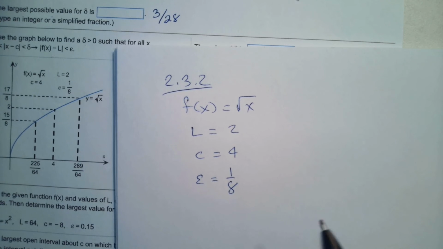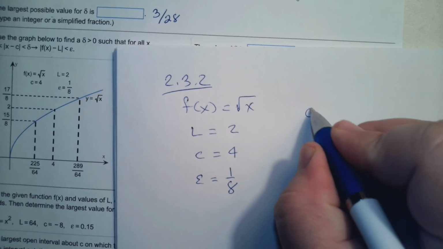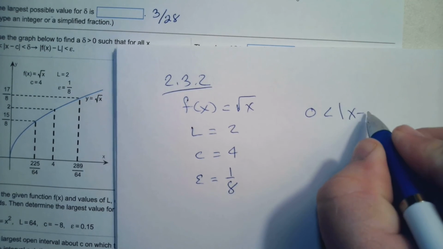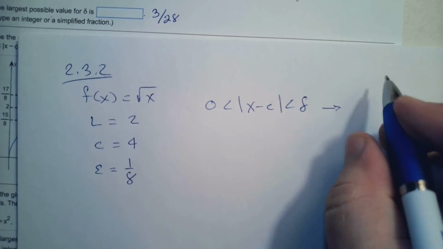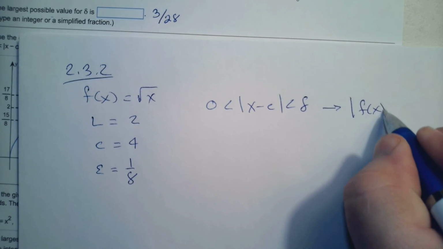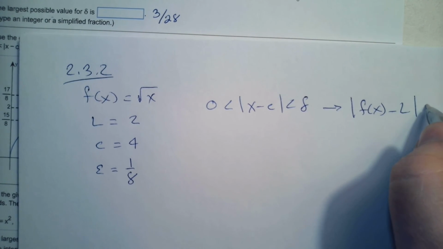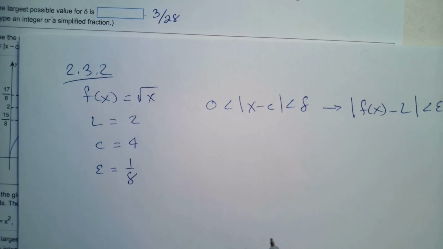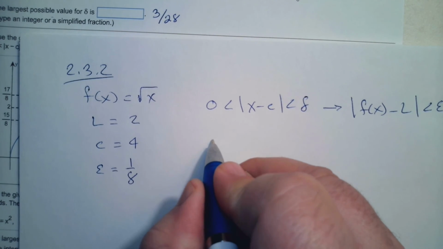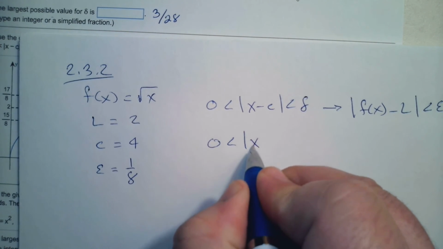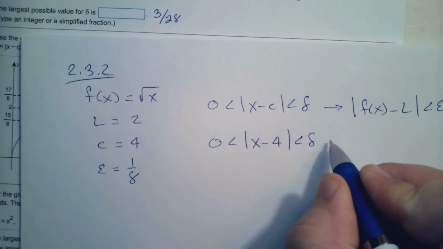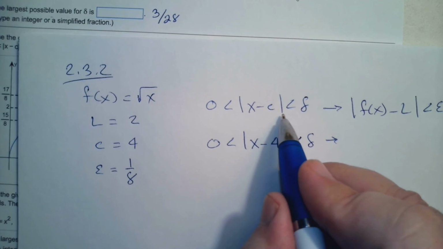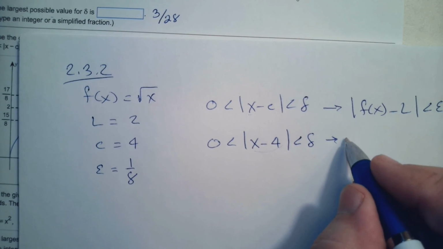So let's begin. We know this implies this. Alright, so let's plug in what we know. C is 4, because that's our target value.